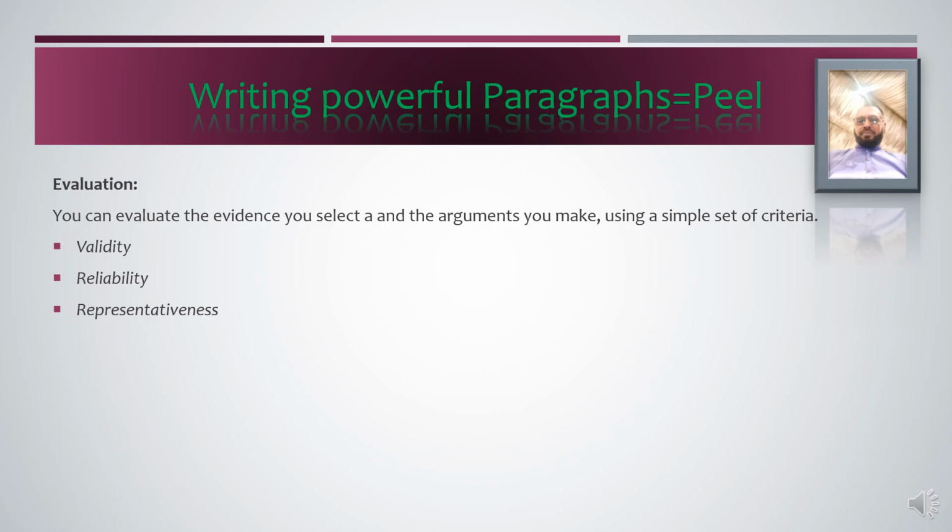Reliability means that research can be repeated time and time again, and every time the results will be the same. Representativeness means that the finding of the research should be applicable to all the population of the world, to all the genders, to all the age groups, to people belonging to different tribes. Then they should be coherent in each one of them, right?